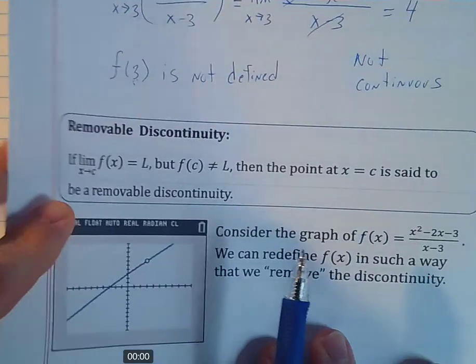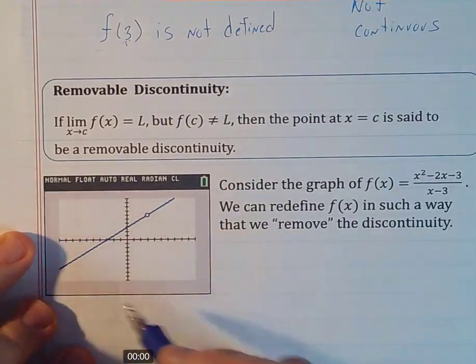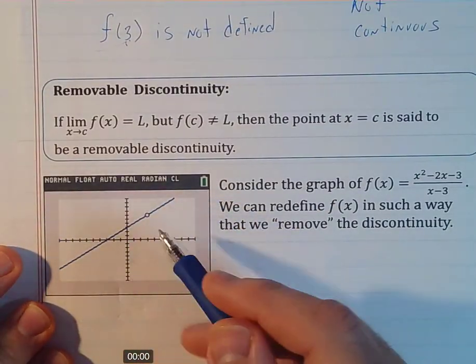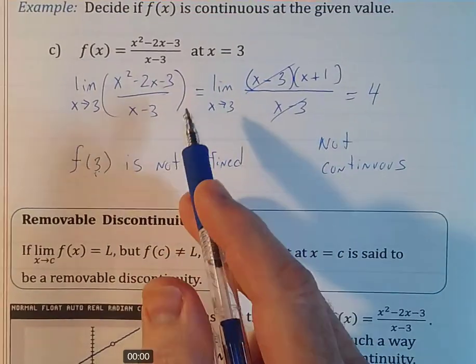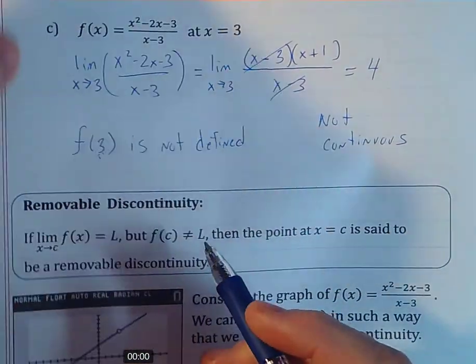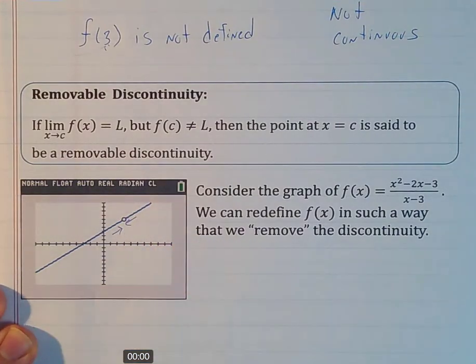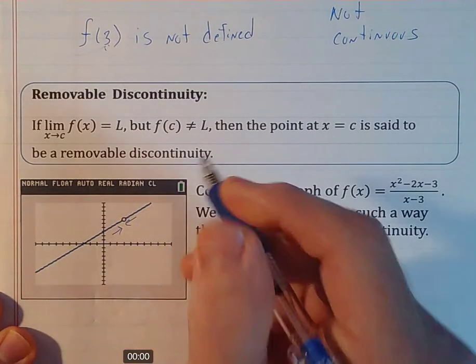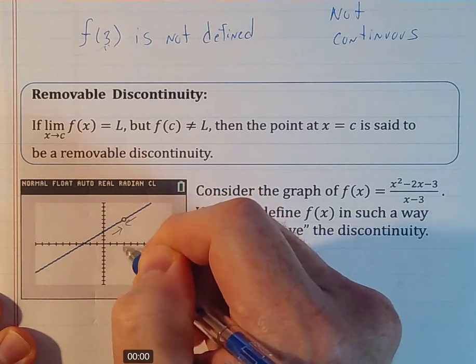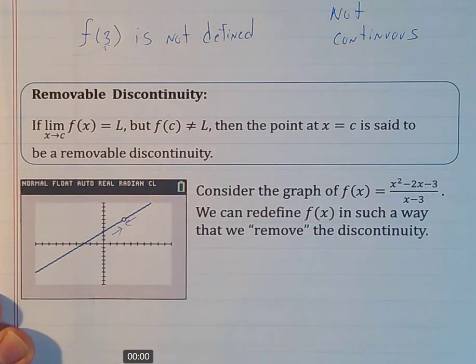The graph would look something like this right here. So it's defined, and we can see why that limit up here existed. If we're approaching 3 coming from the left or from the right, they're both approaching the same number. So the limit existed. It's just at 3 itself that there's a hole in the graph.